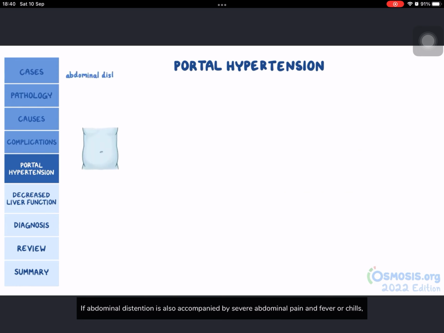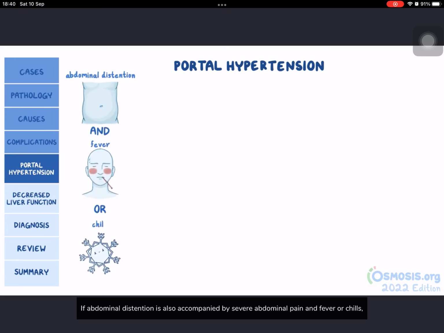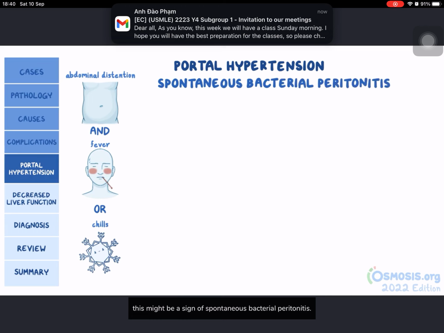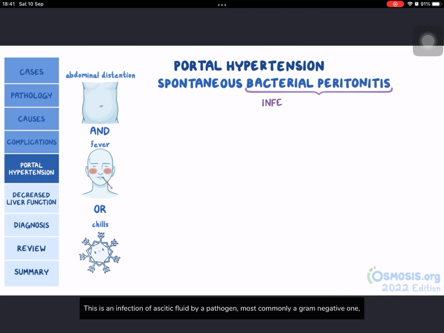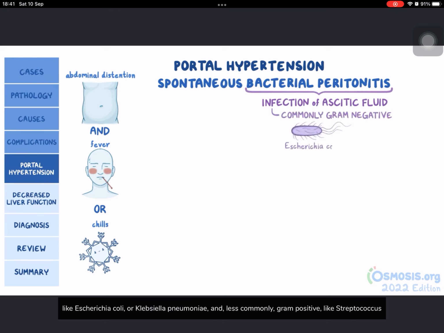If abdominal distension is also accompanied by severe abdominal pain and fever or chills, this might be a sign of spontaneous bacterial peritonitis. This is an infection of the ascitic fluid by a pathogen, most commonly a gram-negative one, like Escherichia coli or Klebsiella pneumoniae, and less commonly gram-positive, like Streptococcus pneumoniae.